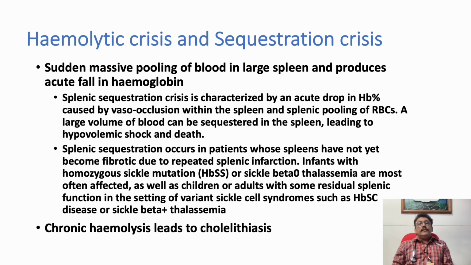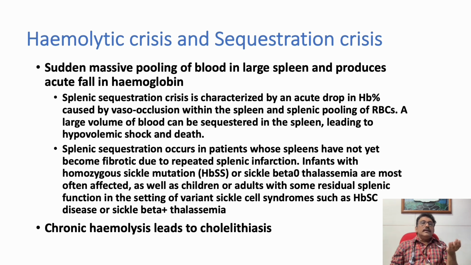Next one is hemolytic crisis and sequestration crisis. So, there are two important things. One is intravascular hemolysis, which occurs because these abnormal cells can be picked up by our immune system as a foreign body, and that can be destroyed in our circulation. Second problem is when there is a large spleen, especially many patients with hemolytic anemia initially can have a large spleen, and there will be sequestration of these abnormal cells into the spleen, and there they will be destroyed.